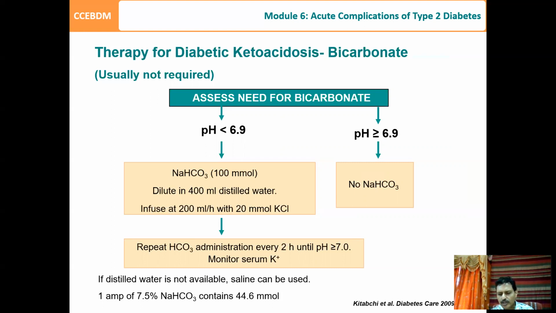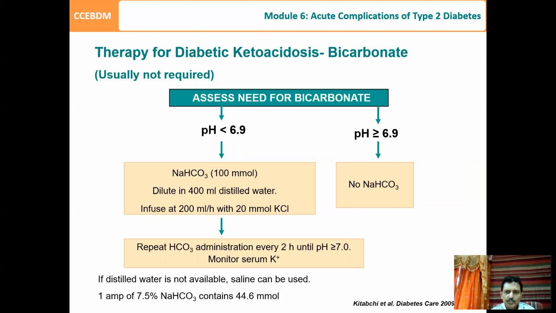Just look at the insulin infusion rate in the last 4 to 6 hours. In the last 6 hours, the average rate is, say, 2 units per hour. If it is 2 units per hour, it means in the whole 24 hours, the patient will require 48 units of insulin. So 24 times 2, 48 units.